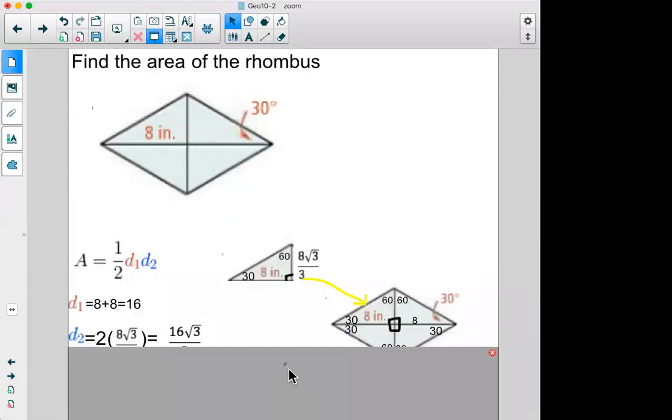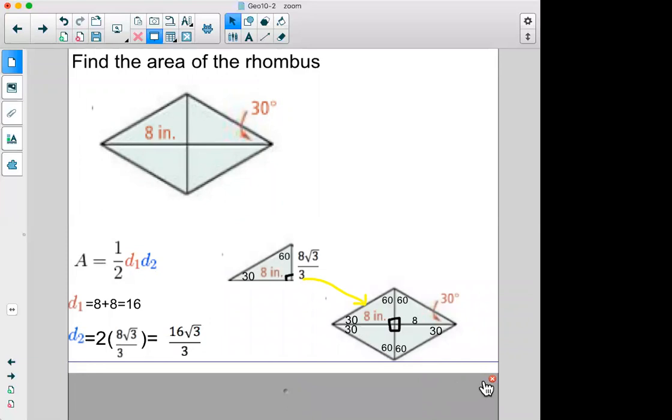And so we have to use our knowledge of 30, 60, 90 triangles. And we look in this little triangle and we say, well, what was 8? Well, 8 is across from the 60-degree angle, which means it's the long leg. So to go backwards from long leg to short leg, I have to divide by root 3. And I get this number if I rationalize the denominator.